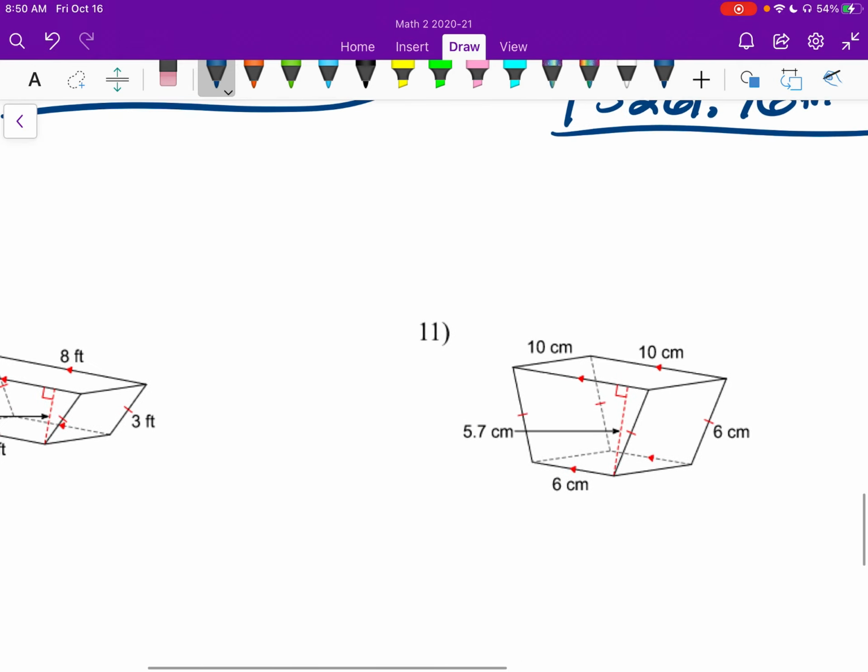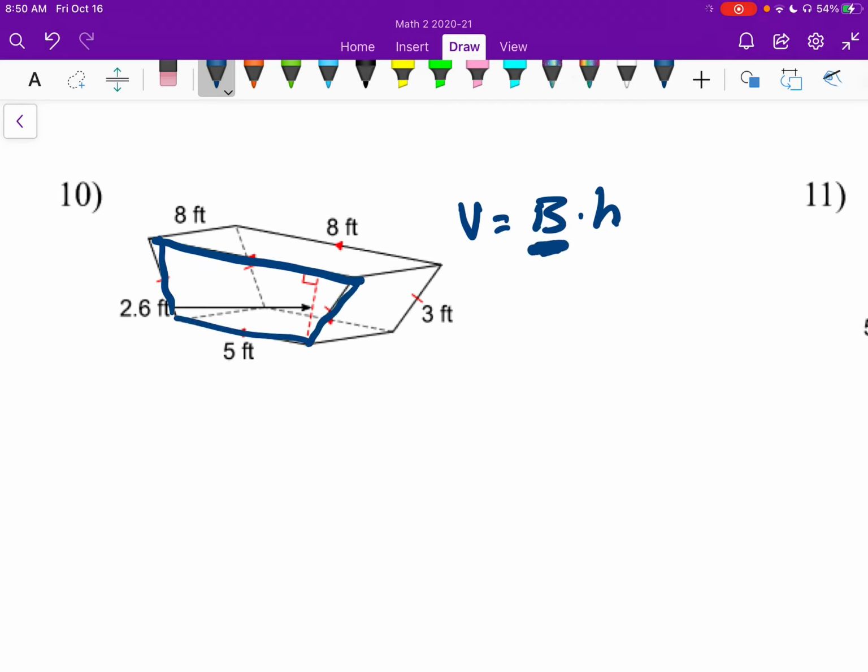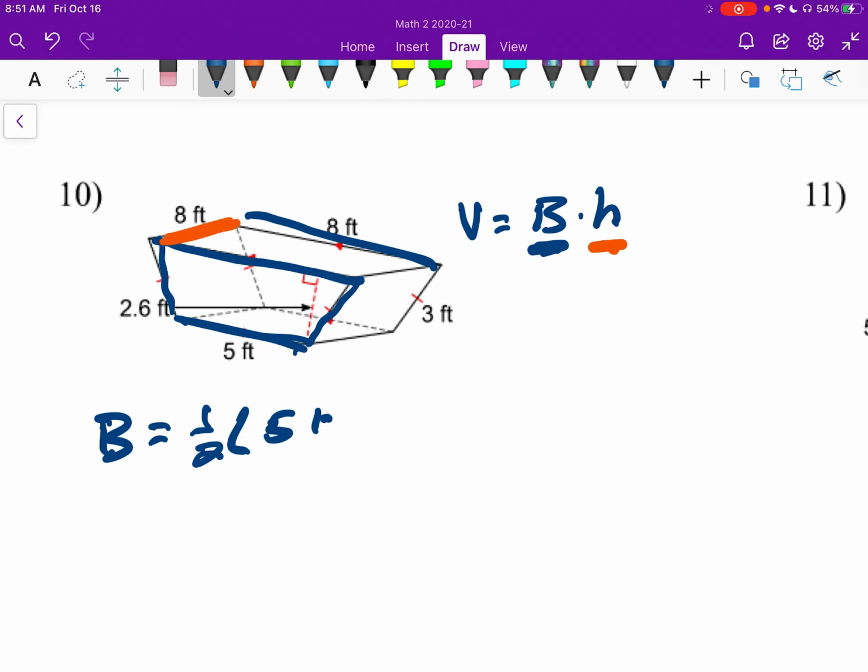All right, last 2 problems. 2 trapezoidal prisms. So we follow the same rule. Volume is big base times height. Our big base, in both of these scenarios, is going to be the trapezoid here. And our height is going to be 8, right? Because that's the distance between the bases. So for the big base, we do 1/2, and then the bases added together. So I have 5, this 5, and this 8.